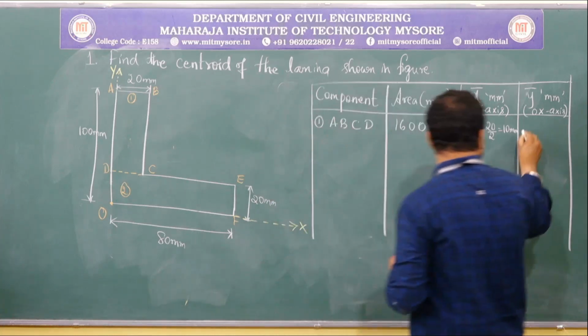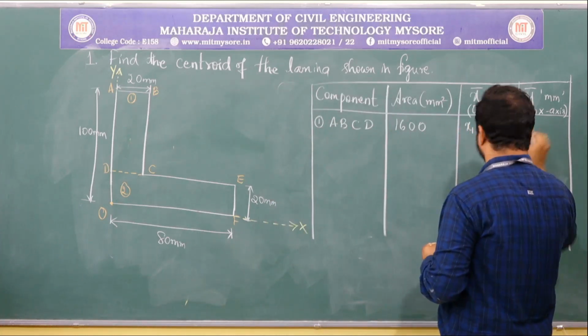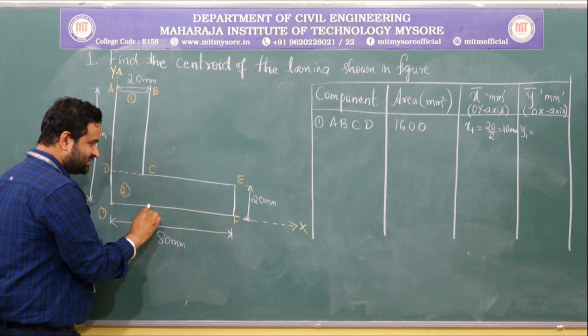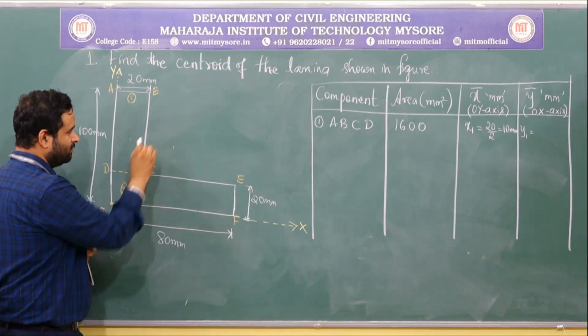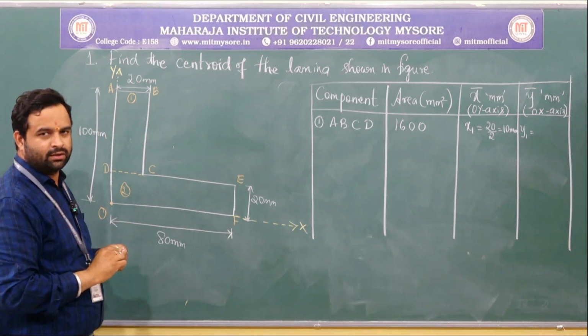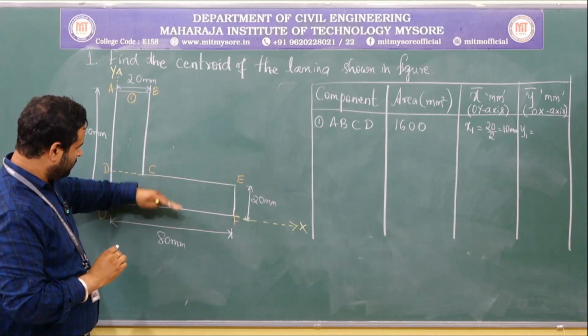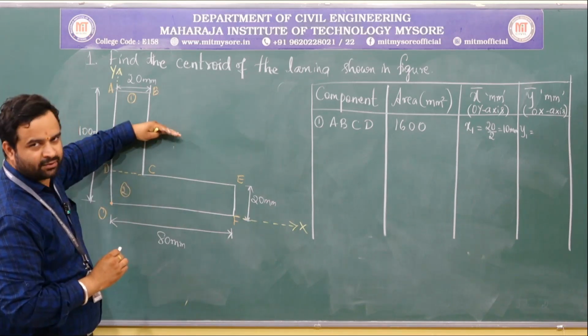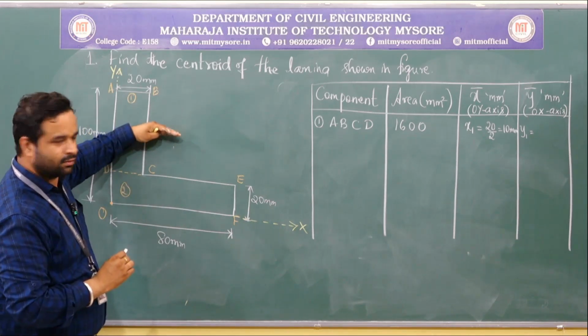And its y1 value. So, now if you measure it from the OX axis, where will it be located? So, it will be 20 plus 80 by 2. Okay.